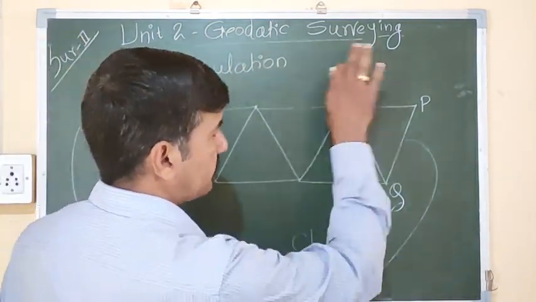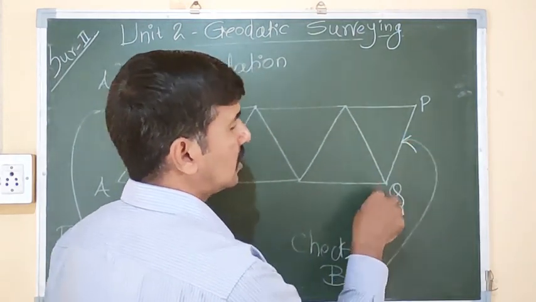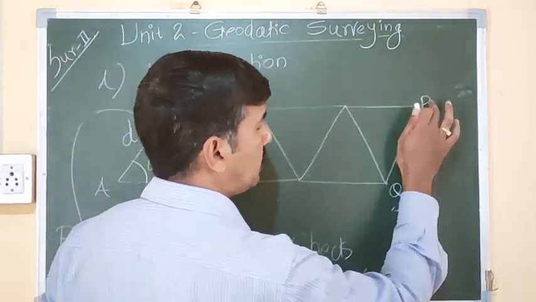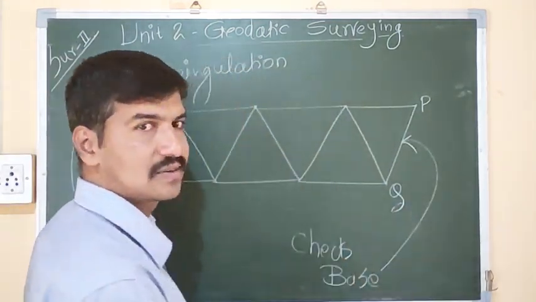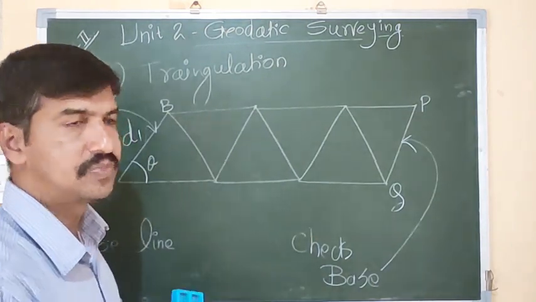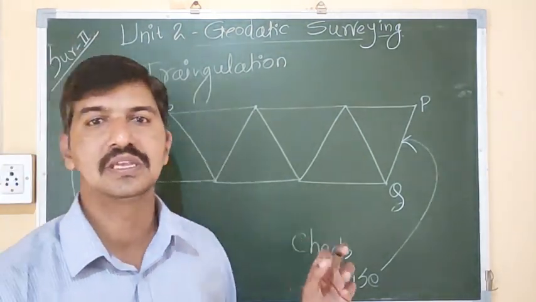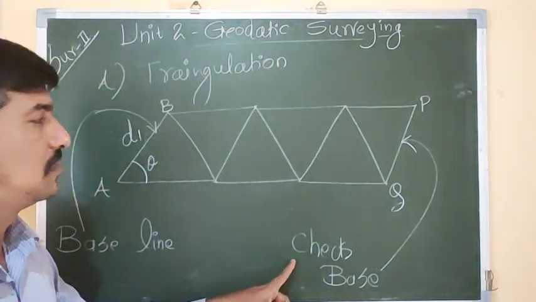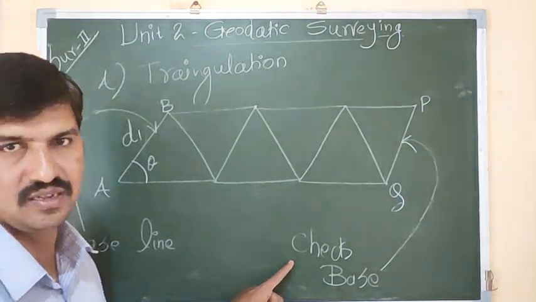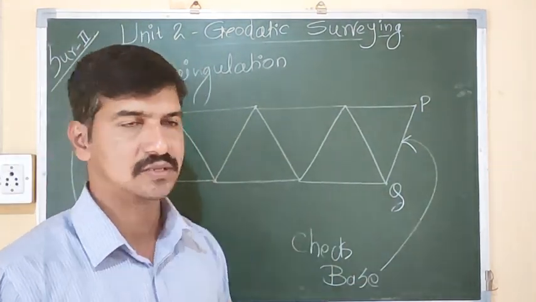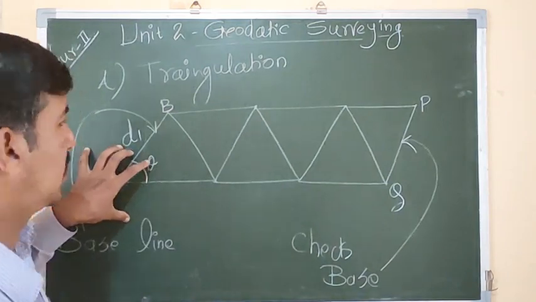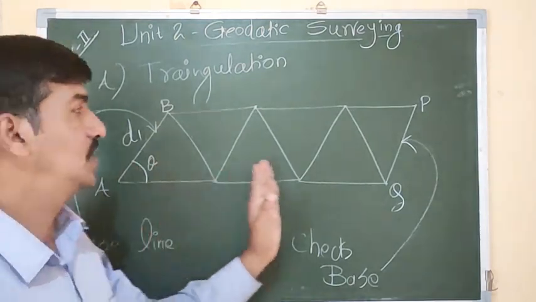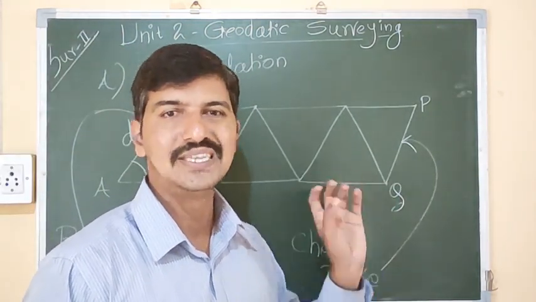But after calculation, to check whether the calculation is correct or not, we will measure PQ, the last line in the triangulation system, with the same accuracy and the same precise instruments, and we will call it the check base. What is a check base? A check base is nothing but a way to cross-check whether your calculation is correct or not.